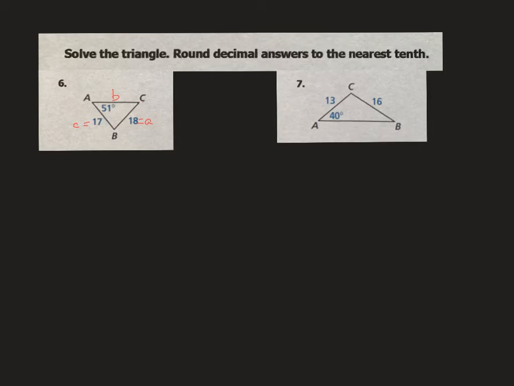So we know the sine of 51 over side A, which is 18. And then since we know side C, that's the angle we want to find first. So it's equal to the sine of angle C over 17.